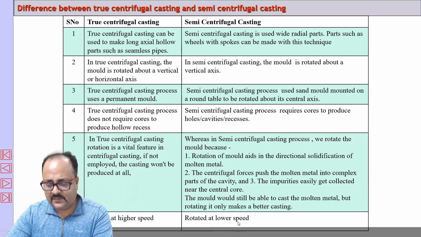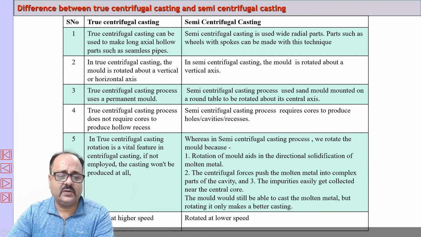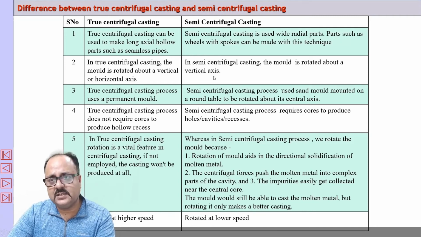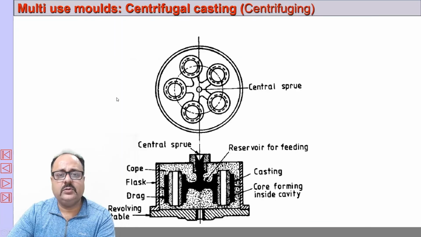Semi-centrifugal casting is normally rotated at a very low speed, whereas true centrifugal casting is rotated at a high speed. True centrifugal casting can be vertical or horizontal, but semi-centrifugal casting is about a vertical axis only. So you have a sand mold here, and this is a metal mold, a permanent mold.